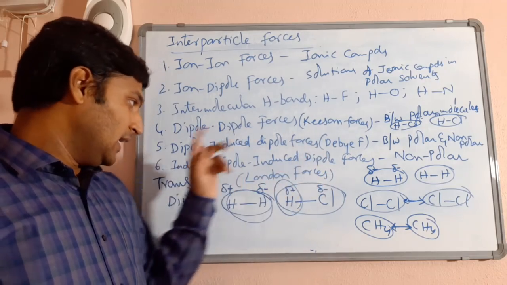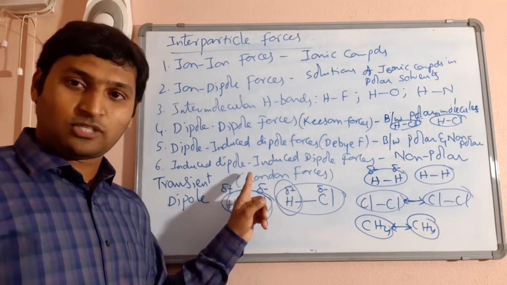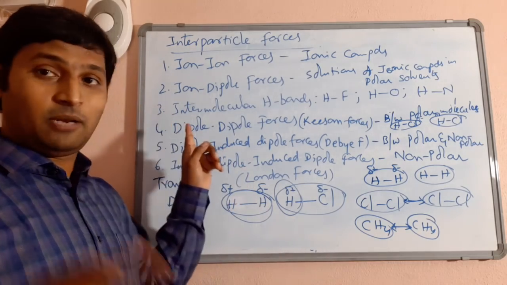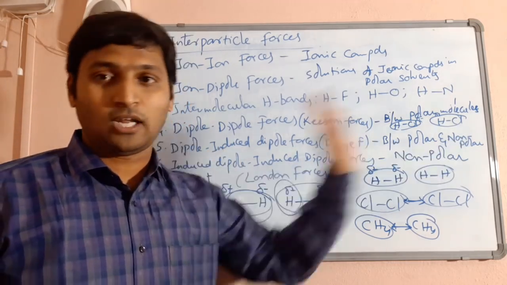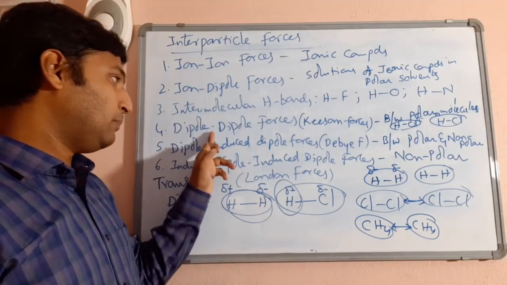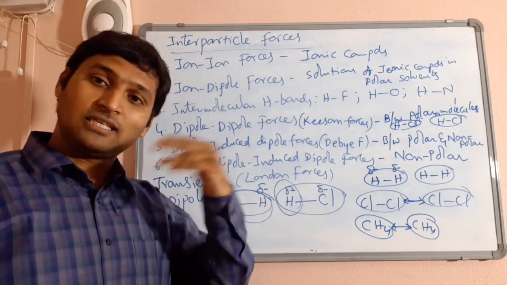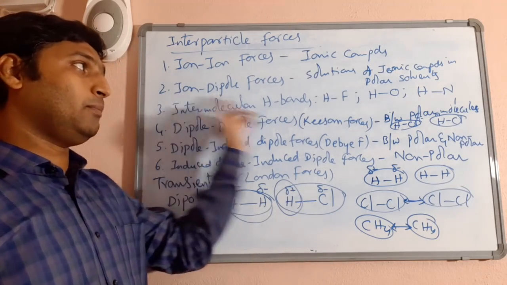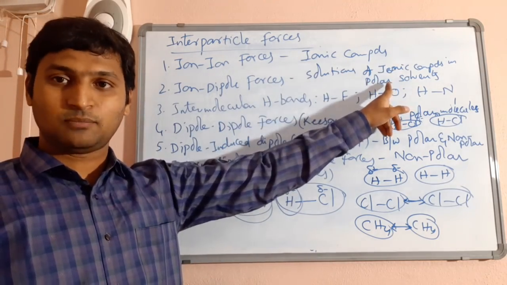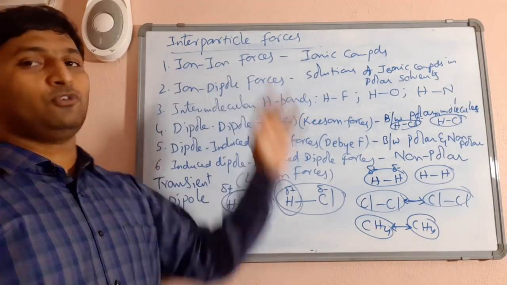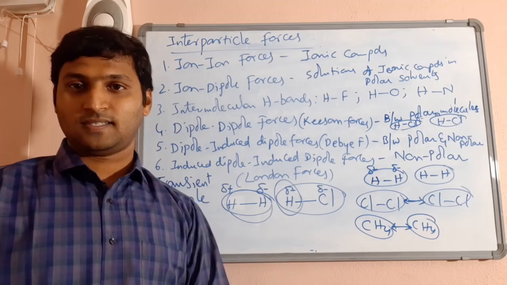Likewise, London forces can be in a mixture or a pure substance. Dipole induced dipole will be purely in mixtures, only where polar and non-polar substances are mixed. Dipole forces and intermolecular hydrogen bonds are possible both in mixtures and pure substances. Ion dipole forces are only possible in mixtures, when an ionic compound is dissolved in a polar solvent, and ion-ion forces are possible in pure substances.